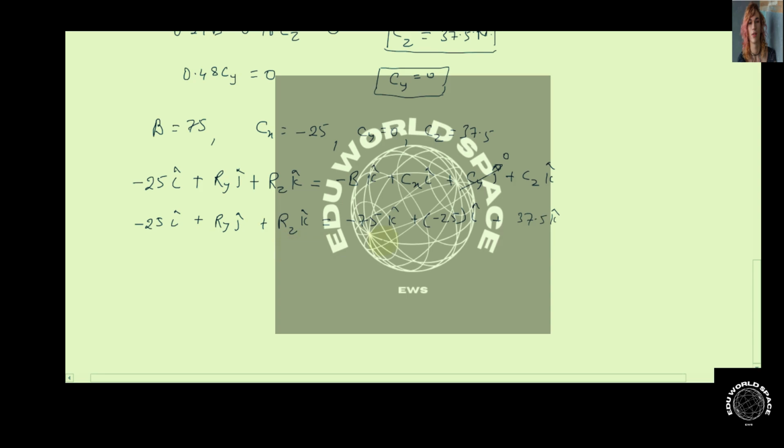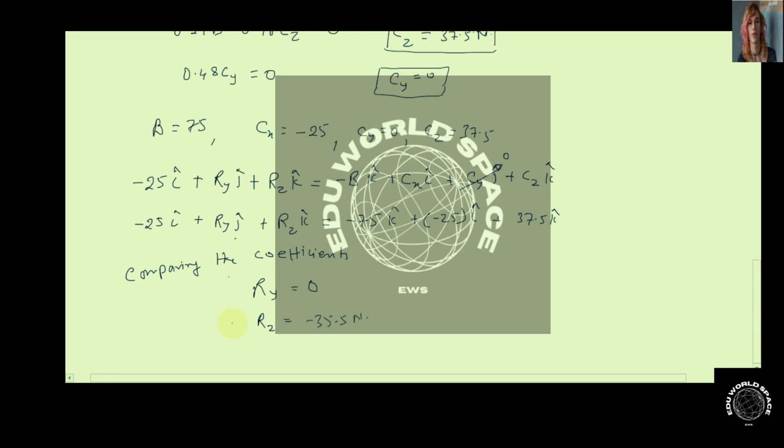Now comparing the coefficient of I cap, since they are already the same, and the coefficient of j cap, we are going to compare the coefficients. So Ry comes out to be 0 since there is no term involved in the right hand side for the j cap, and Rz comes out to be minus 37.5 Newton.